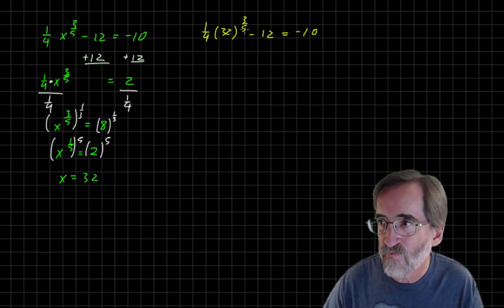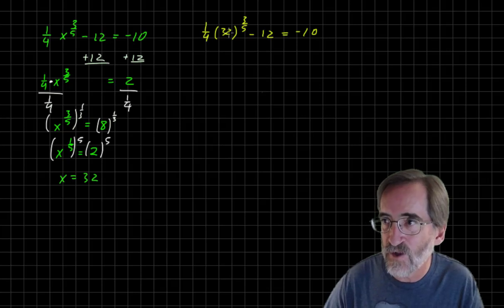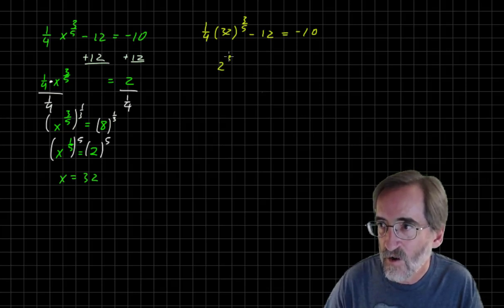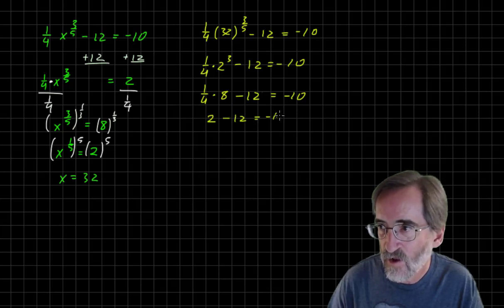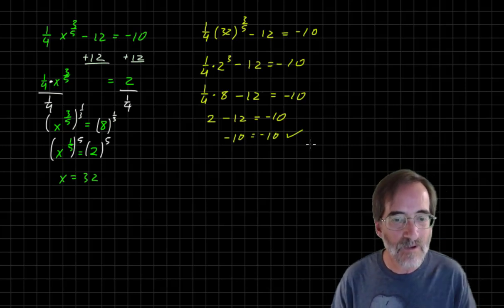Okay, let's take the 5th root of 32, that's 2. 2 to the 3rd is 8. 1/4 of 8, or 8 divided by 4, is 2. 2 minus 12 is negative 10. So it does check.